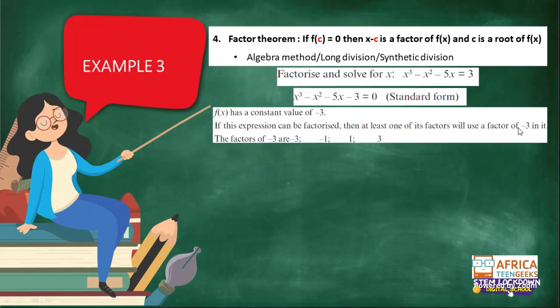So numbers that divide evenly into 3. If you check factors of -3, you'll have -3, -1, 1, and 3. It's your choice where you want to start, but it's usually advised to start at 1 and then -1, 2, and 3, even if you didn't know this.